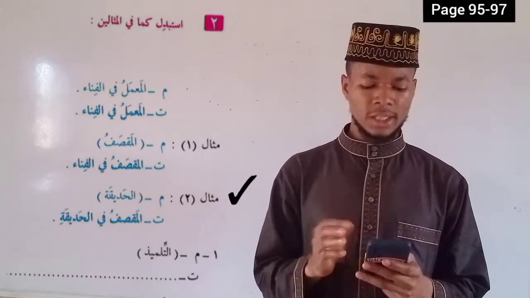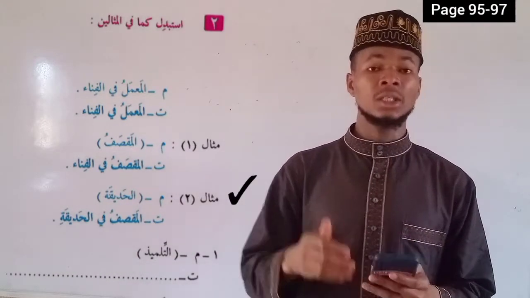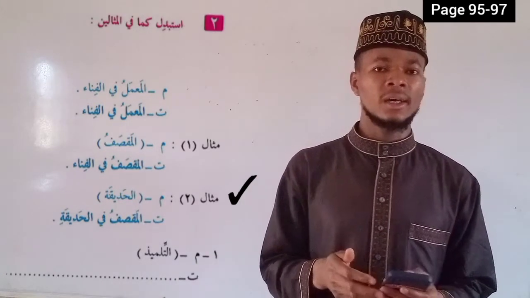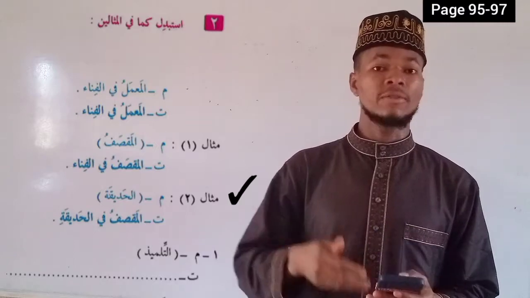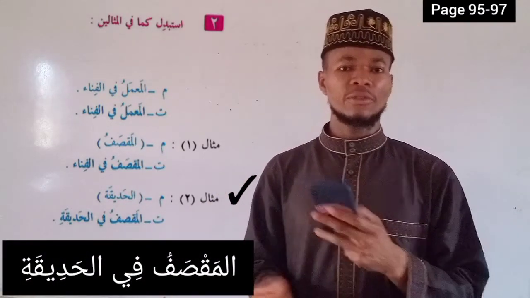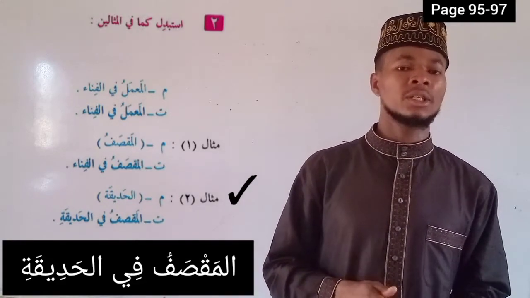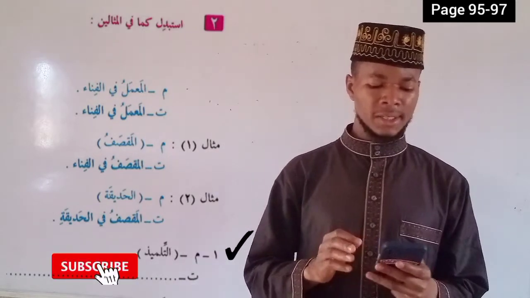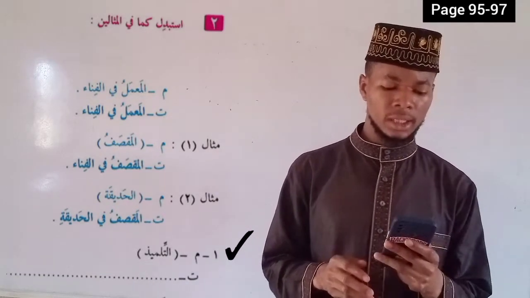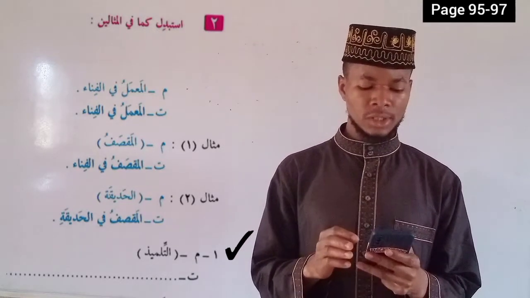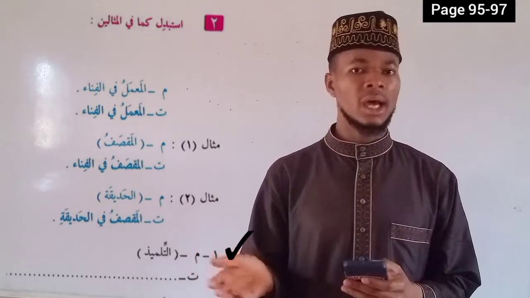Example two, we have al-hadiqa, that is the garden, meaning we are going to exchange the garden with al-fina, the open space. So now we see al-maqsafu fil hadiqati, the shop is in the garden. So in the exercise, number one, we have the word at-tilmid, the student in the brackets, meaning we are going to exchange al-maqsaf with at-tilmid.